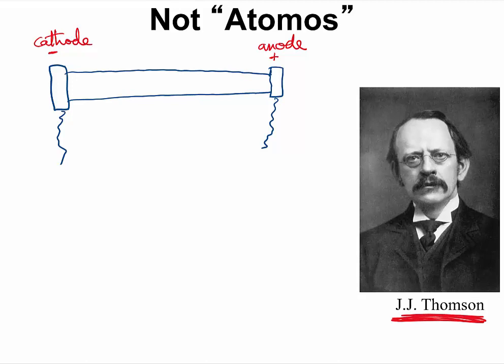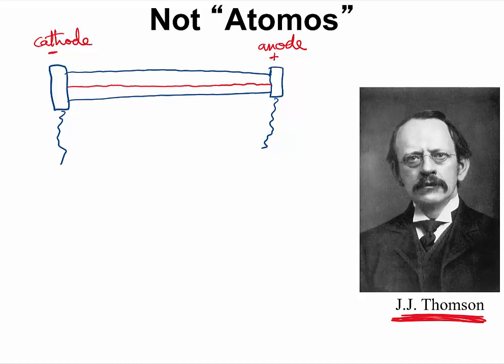J.J. Thomson observed that when the electricity is connected across the ends of the tube, what seems to be a beam of light was flowing from the cathode towards the anode.